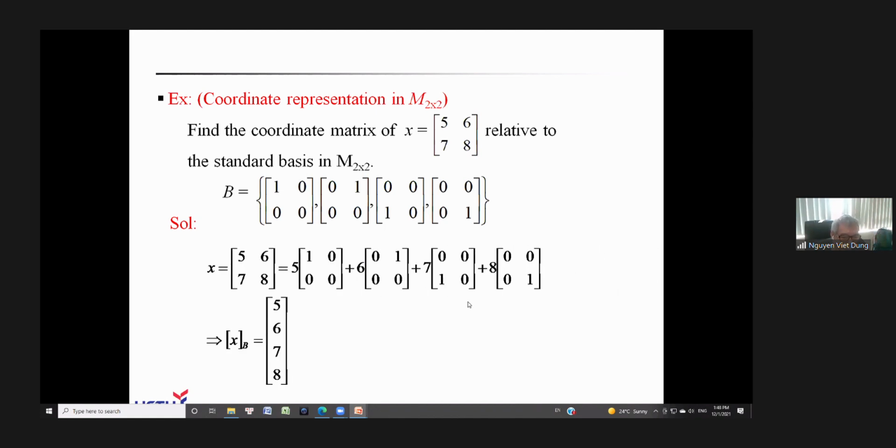Again, we write it in an equation like that, and we find the solution is 5, 6, 7, 8. That is, the coordinates of X relative to the basis B equal 5, 6, 7, 8. So that is what we need to study in lecture number 4.